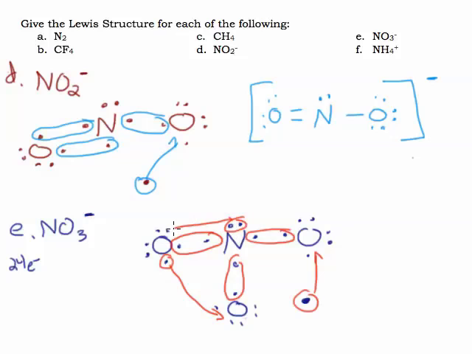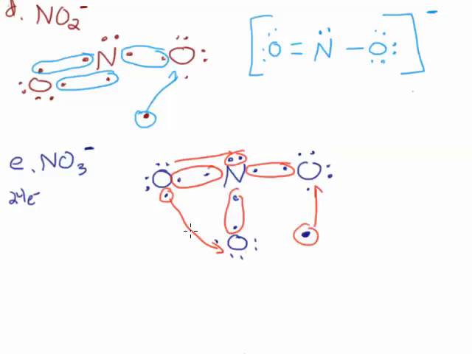We have our nitrogen, single bonded to this oxygen that has 3 unshared pairs, 2, 4, 6, 8. That oxygen is happy. Single bonded to this oxygen that also, with the addition of that one, has 6 unshared electrons for a total of 8.